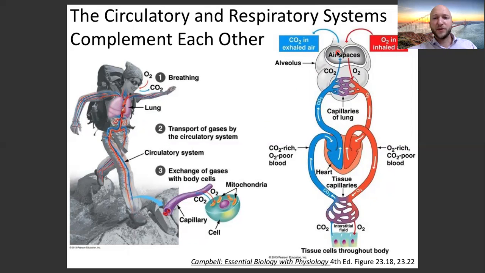The respiratory system brings O2 in, the circulatory system picks it up, brings it to where it needs to be, drops off the O2, picks up the CO2, and brings the CO2 back to our lungs to be exhaled. For many slides within this lecture, we'll be talking about the circulatory and respiratory systems because they work so closely together.